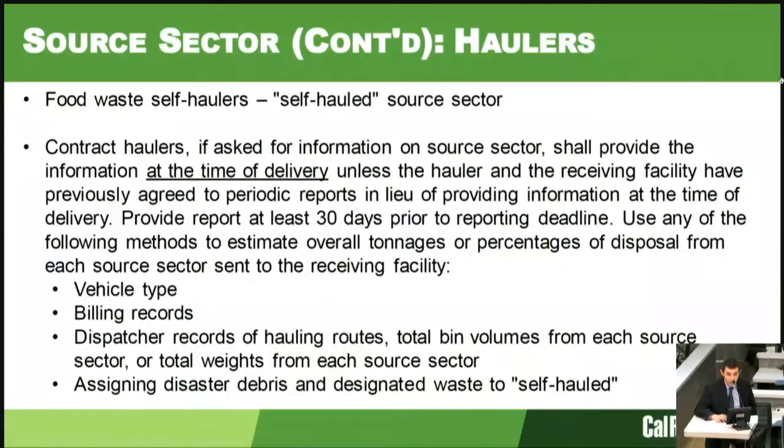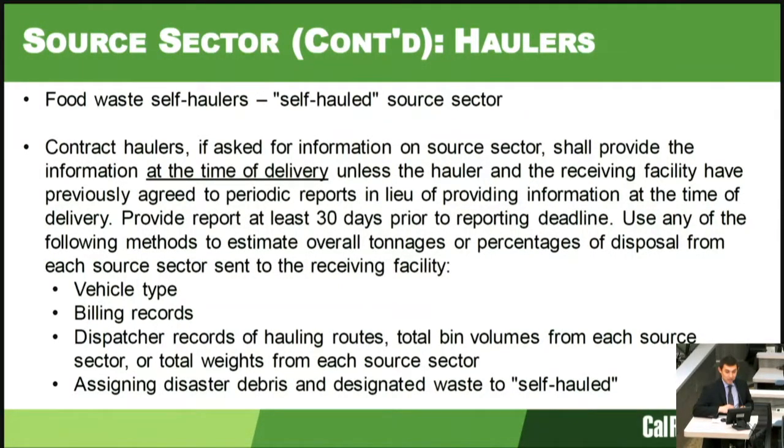Okay, source sector requirements specifically for haulers. Food waste self-hauler, it's right there in the definition. Contract haulers shall provide at the time of delivery the information, unless the hauler and the receiving facility agreed to periodic reports, which must be submitted 30 days prior to the receiving facility reporting deadline.